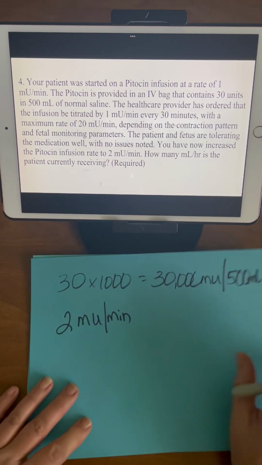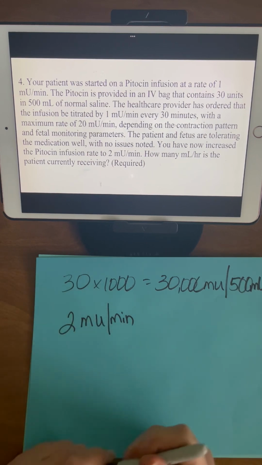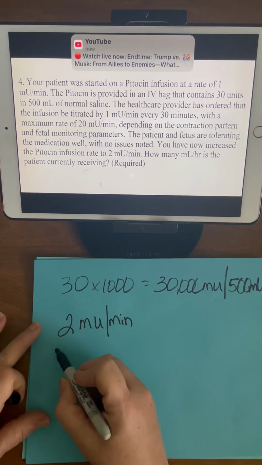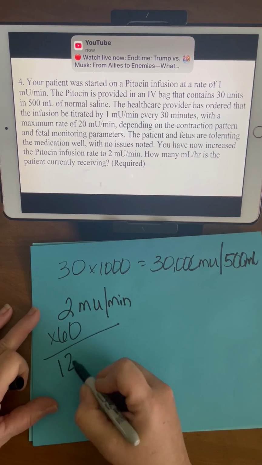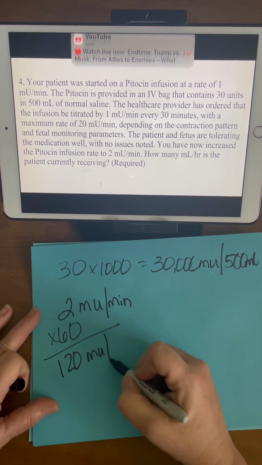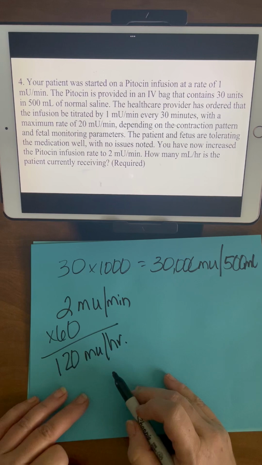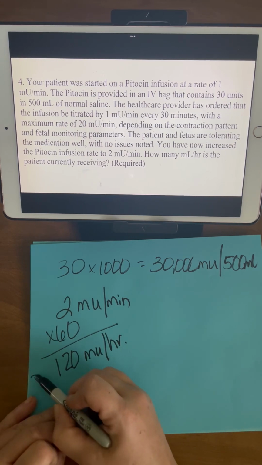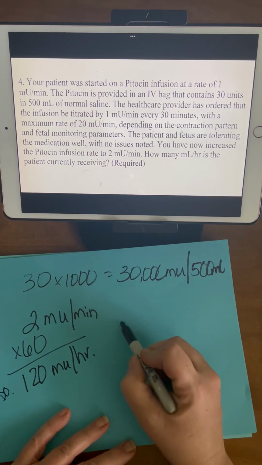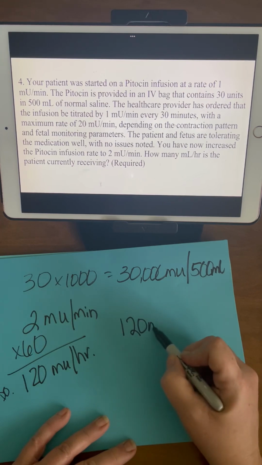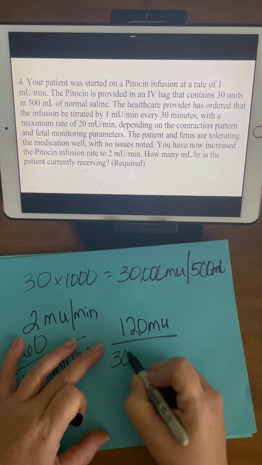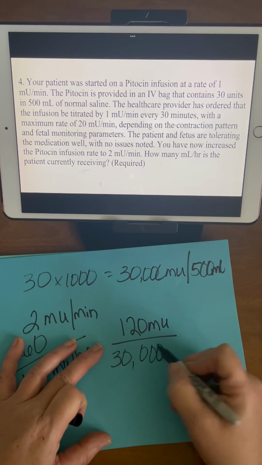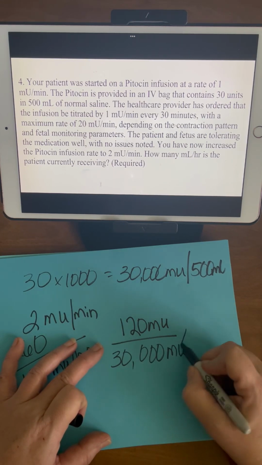So if it's going at 2 milliunits per minute, you know what we're finna do. We're gonna multiply that sucker times 60, and it's gonna be 120 milliunits an hour. So this is the new dose order. And we're gonna do this, 120 milliunits. And what do we have on hand? 30,000. We rich. How's that come?